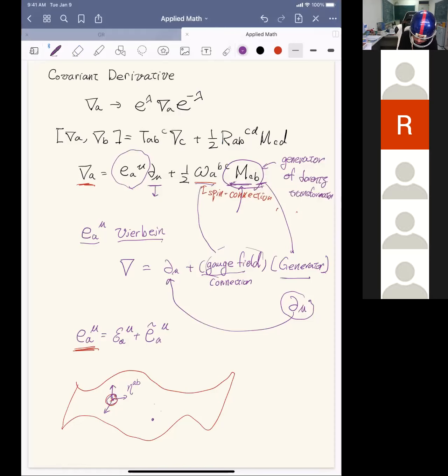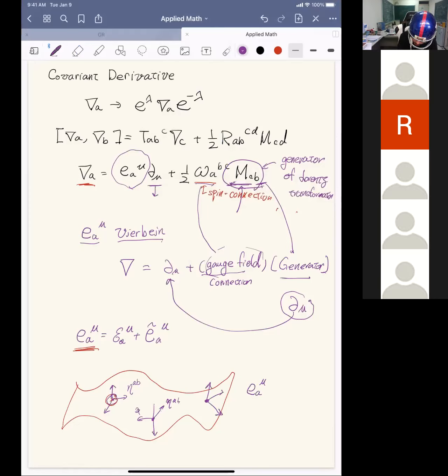So at a point, I can set up another set of orthogonal coordinates, and then I also have A, B, and an eta_AB here. So at every point on this manifold, I can set up my preferred coordinate axes. Of course, the orthogonal coordinate axes at different points will not be the same because the manifold is curved. That is what e^A_mu means.